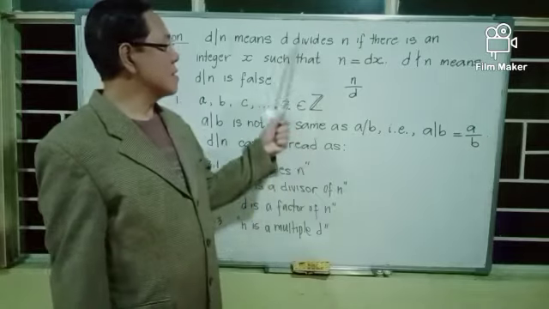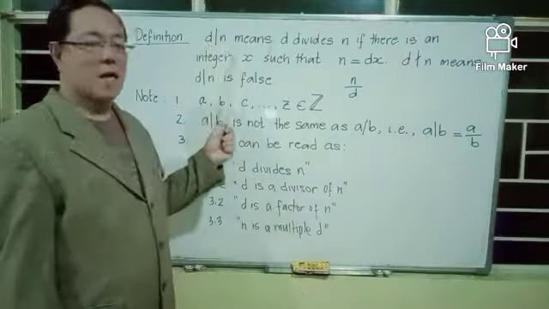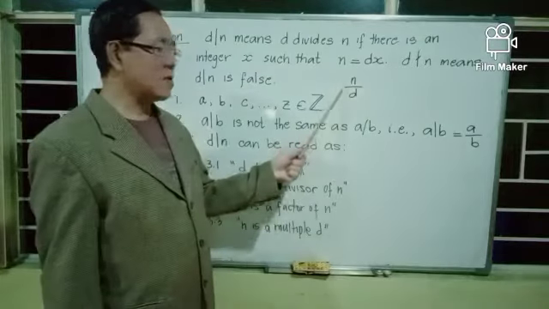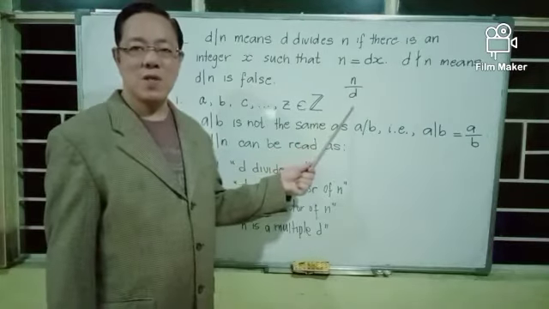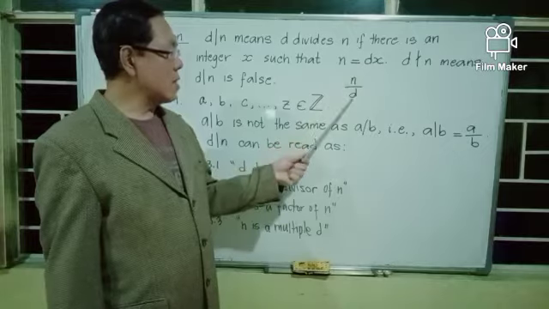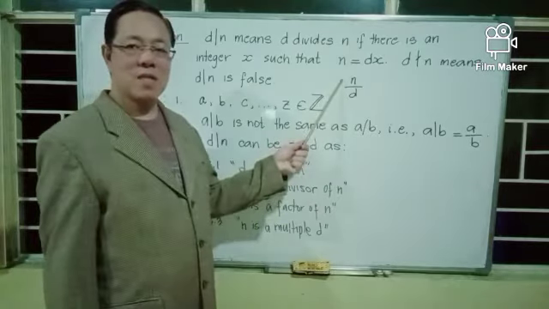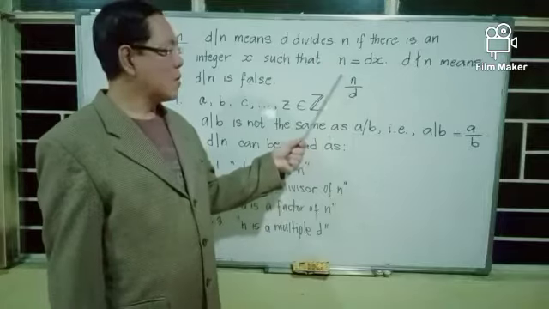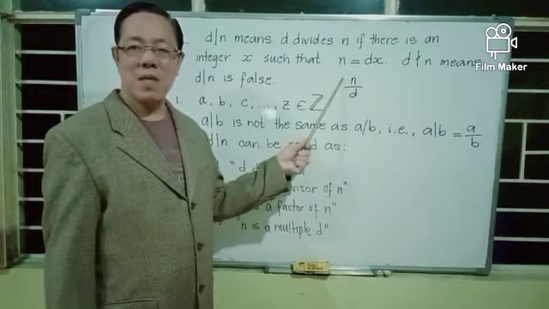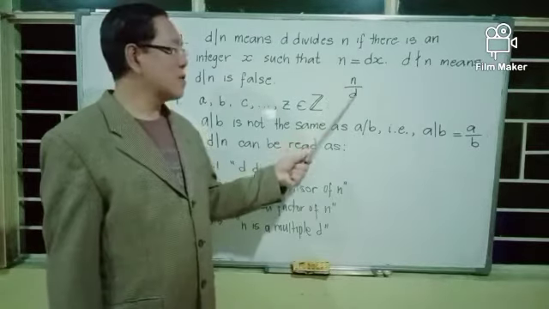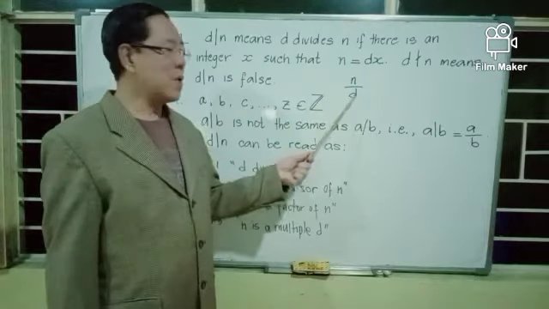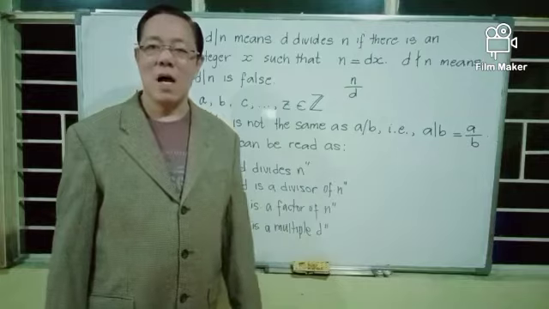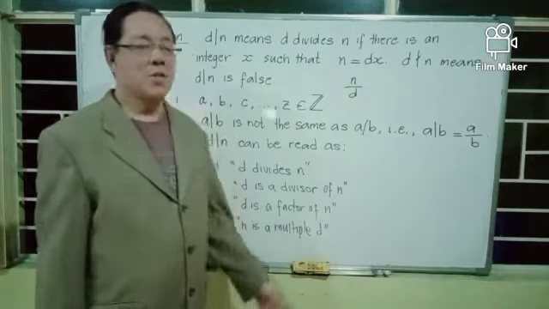When we say d divides n, if you write that using the operation division, it means that n is divisible by d, which means that n is exactly divisible by d. We can divide n by d, and the answer is another integer.